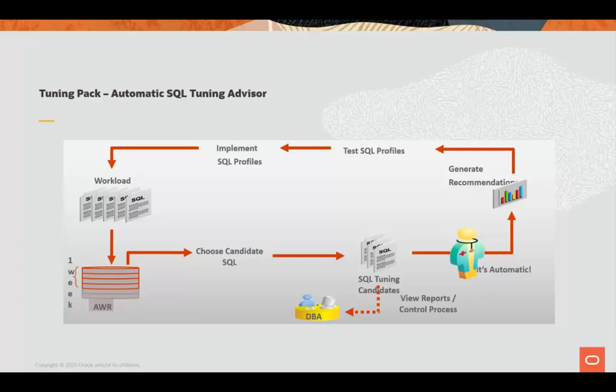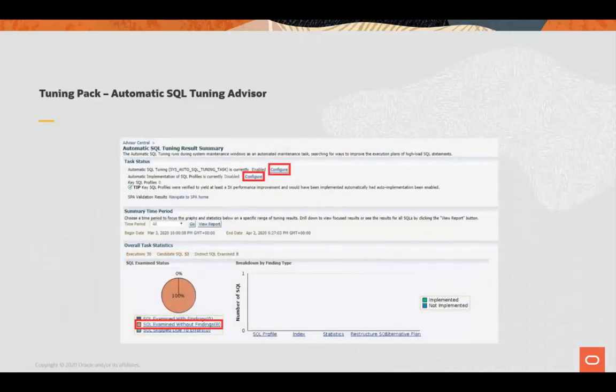It's going to generate recommendations for you. It's going to test SQL profiles. And last but not least, if you enable that option, the automatic SQL Tuning Advisor can also implement SQL profiles. If not, it will generate a report, and it's up to you to go and manually review the report and manually enable those SQL profiles that were recommended.